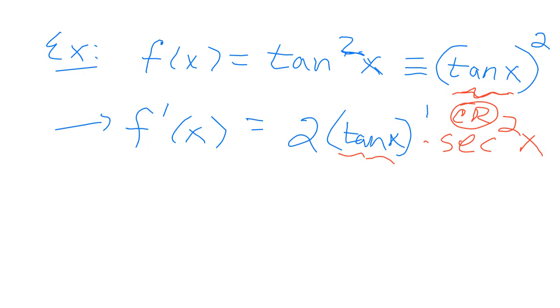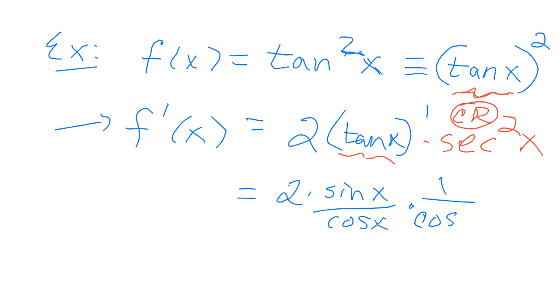And I do like to use different colors for this. But anyway, secant is 1 over the cosine, right? So it's just 2 tangent secant squared. Otherwise, what's tangent? Tangent is sine x over cosine x. And then secant is 1 over cosine, so this is 1 over cosine squared x, right?